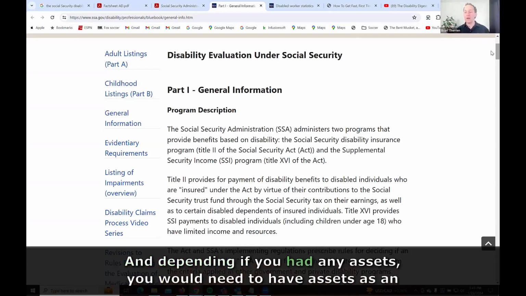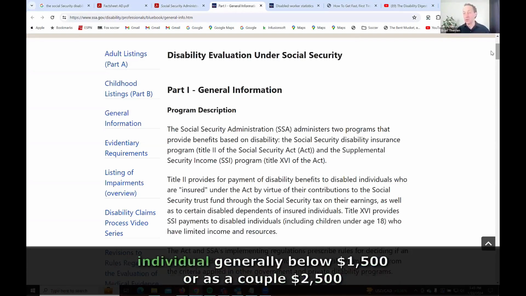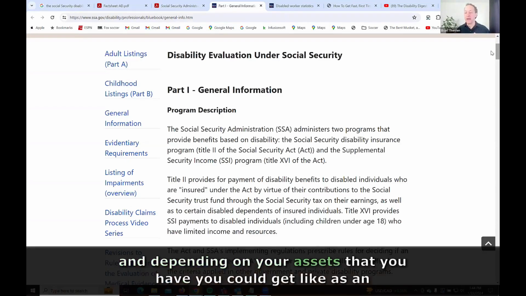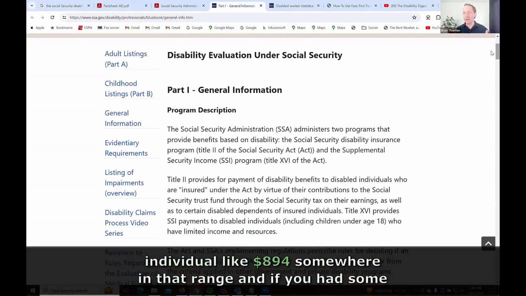And you would need to have assets as an individual generally below $1,500, or as a couple, $2,500. And depending on the assets that you have, you could get, as an individual, like $894, somewhere in that range.